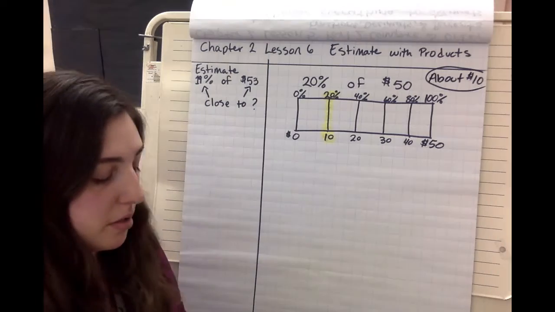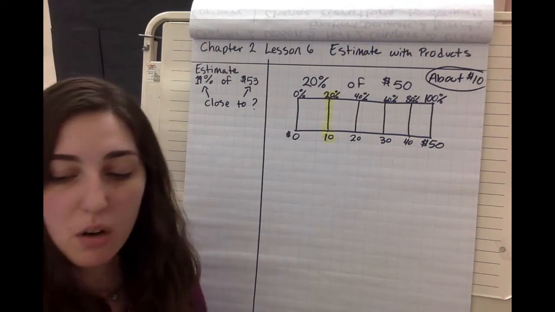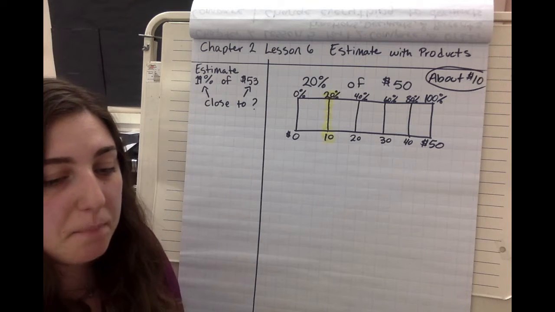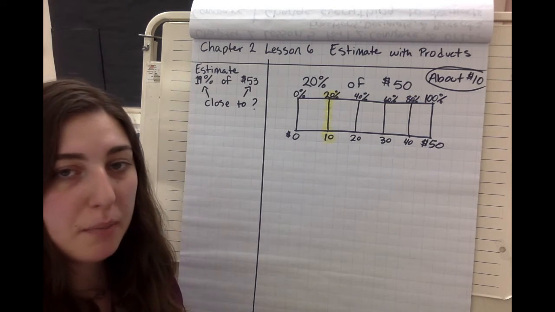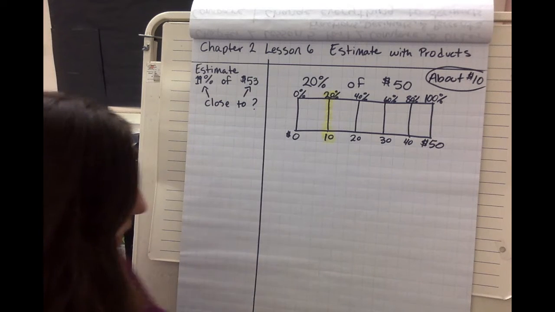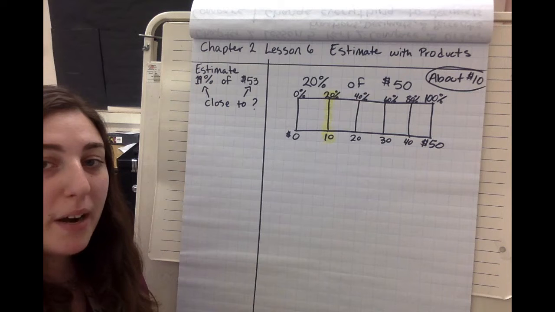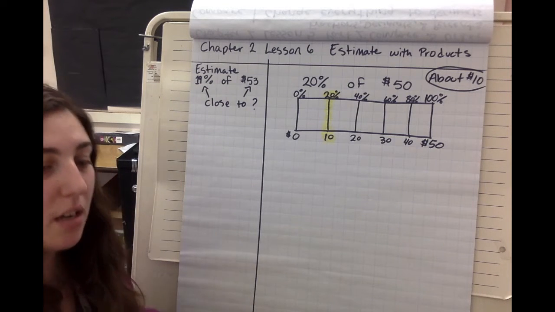About $10. All right, so we're going to move on to a different type of problem. It's more of a word problem, so let's start writing that down. It has to do with a polar bear and how much a polar bear can eat.